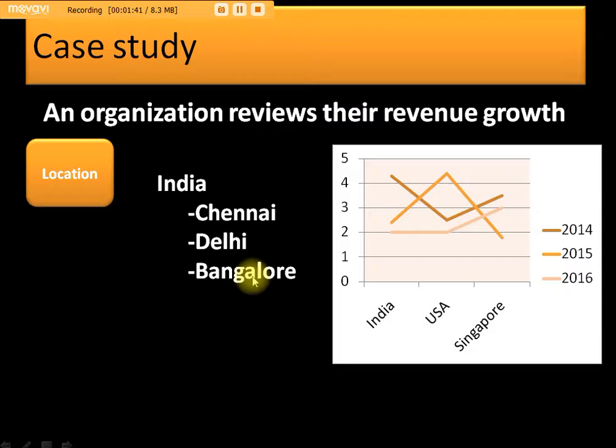So I can see the revenue growth for Chennai, for Delhi, and for Bangalore. This is called hierarchy information, and we are able to drill into a very detailed level. I can see city level revenue growth and country level revenue growth.